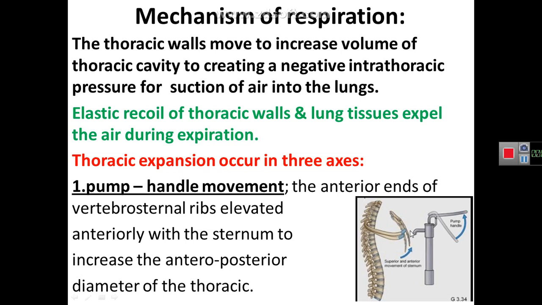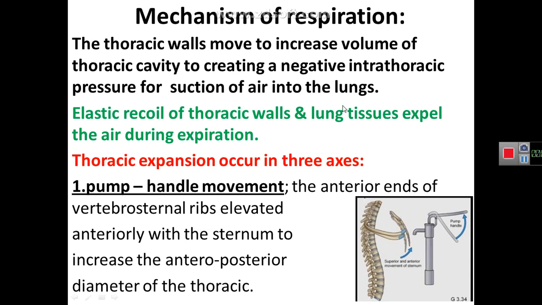So what is happening during inspiration is that the obliquely lying ribs are elevated upward by the action of the respiratory muscles, and this elevation of the ribs will lead to expansion of the volume of the thoracic cavity, and thus creating negative pressure for suction of air into the lung.